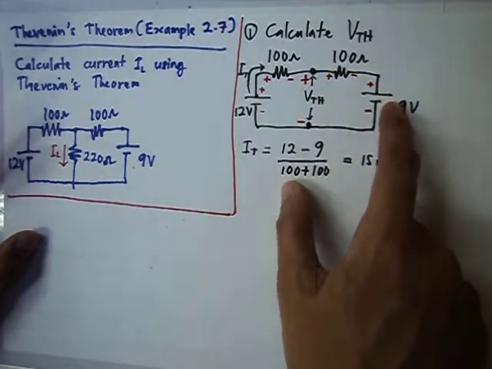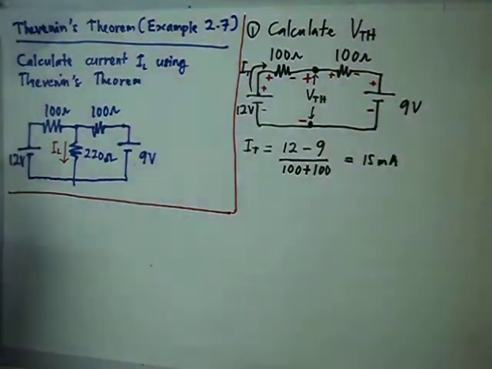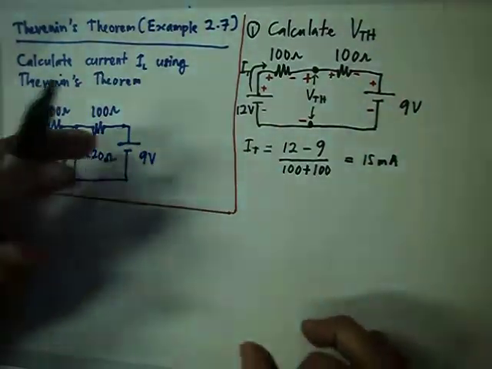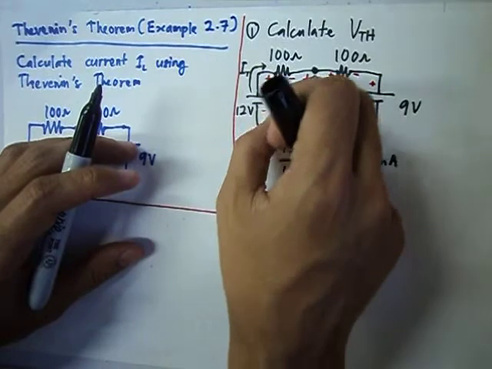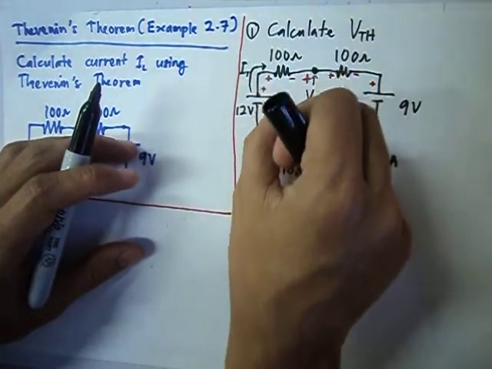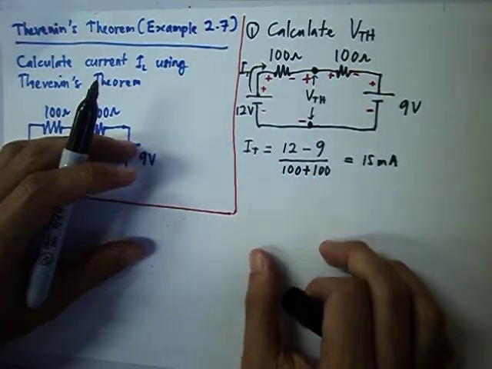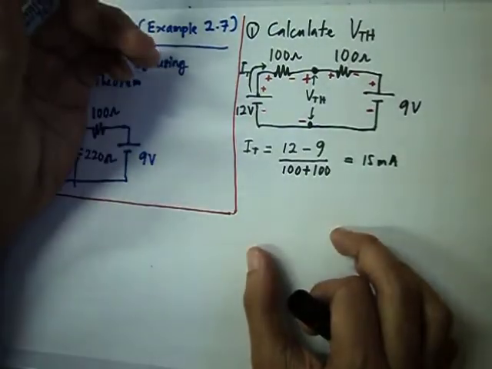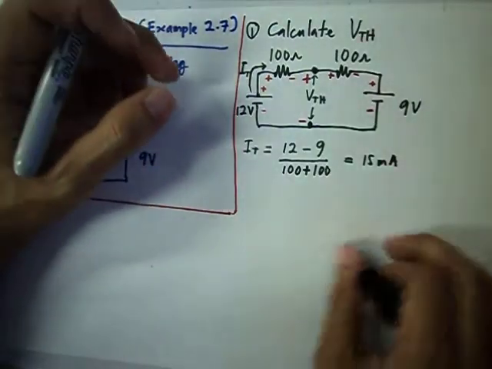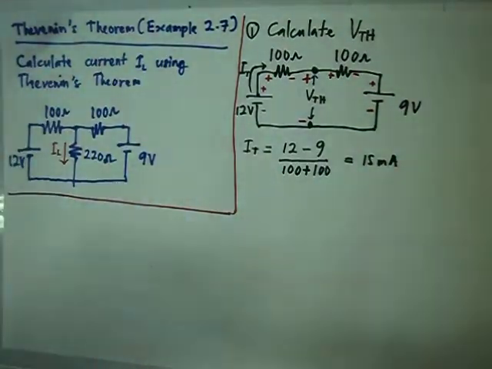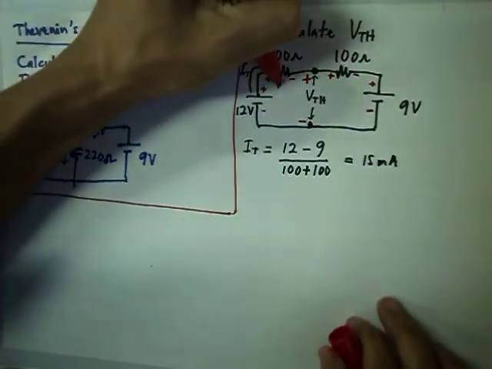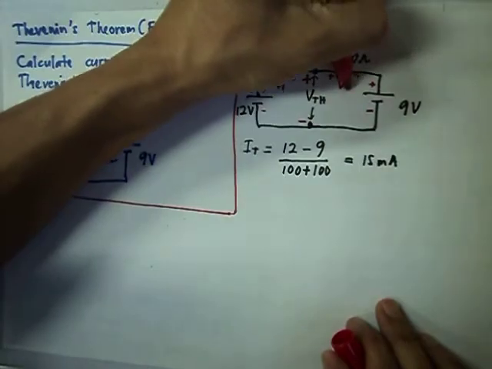But we have to be very careful, because we have to see the direction of plus and minus of the voltage. If it is in the same direction, it will be a positive sign. If it is opposite, it will be a negative sign. Let me label here: this is V1, this is V2.